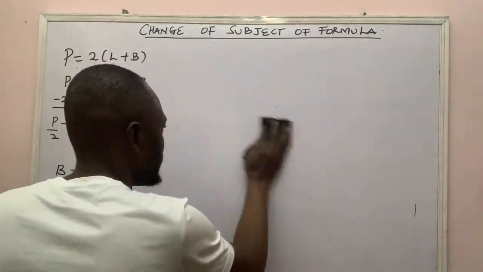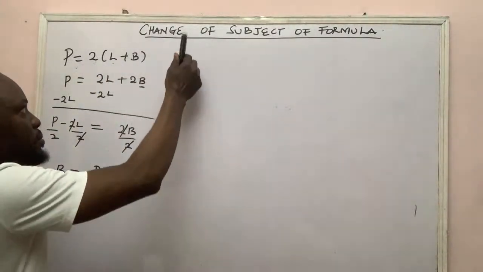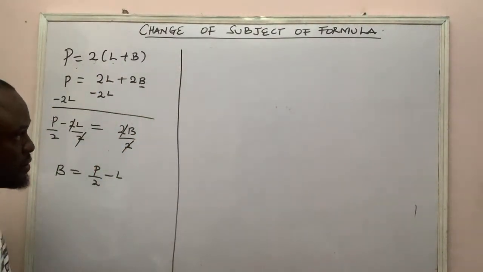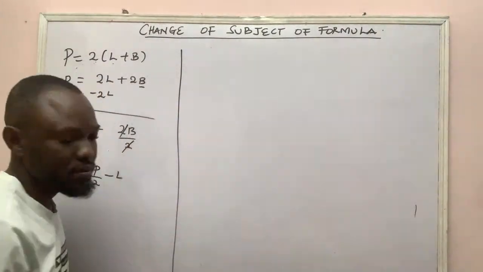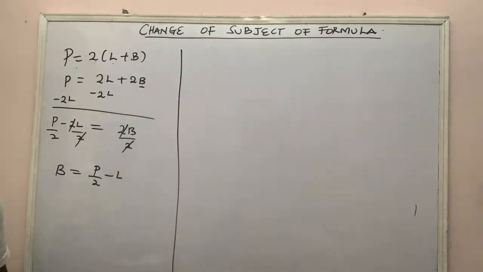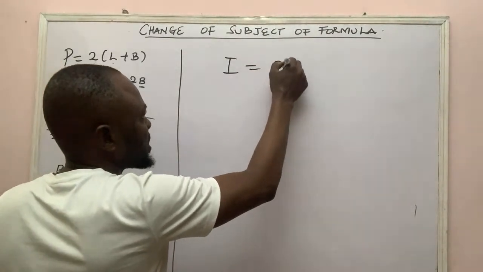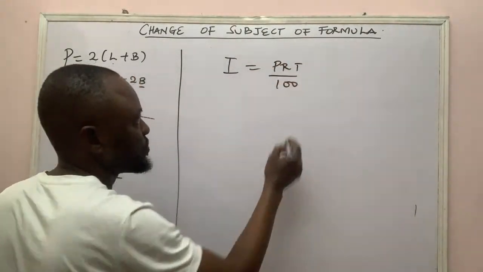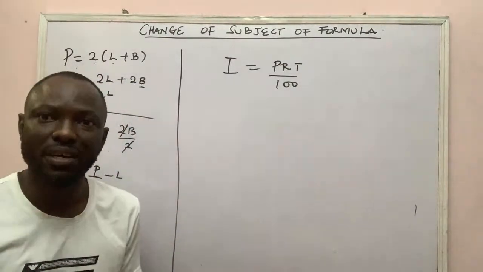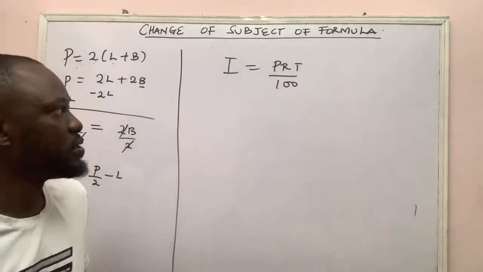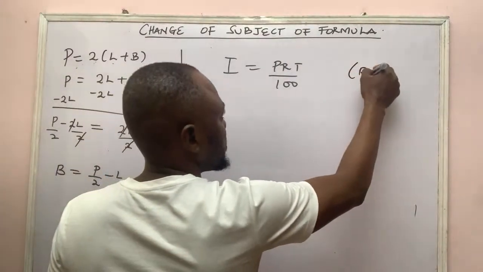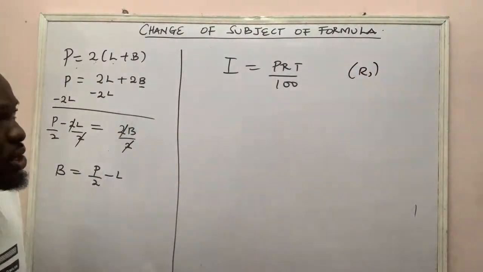So let's take more problems. Now, we know that interest is principal times rate times time over 100. We are all very familiar with this relationship. So if I want to find the rate, I want to make the rate the subject of the formula.